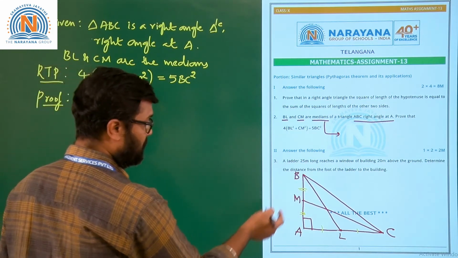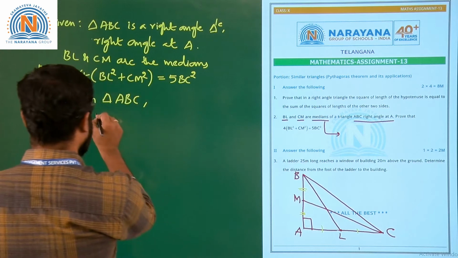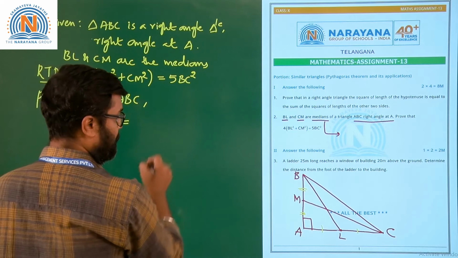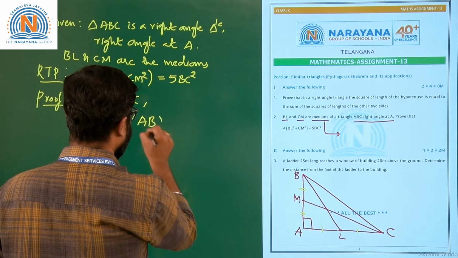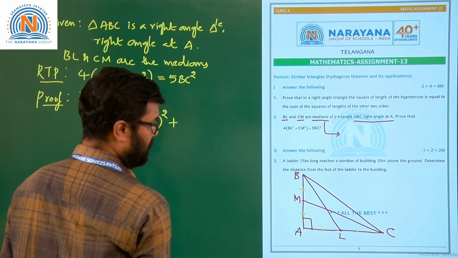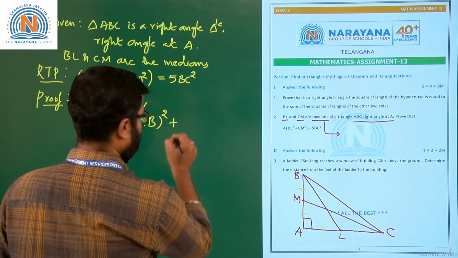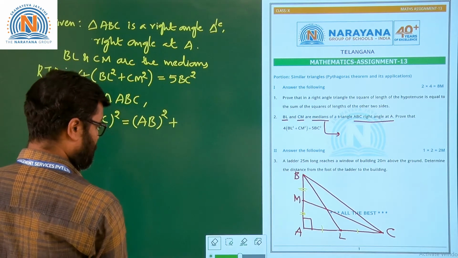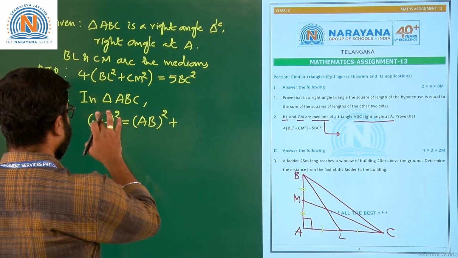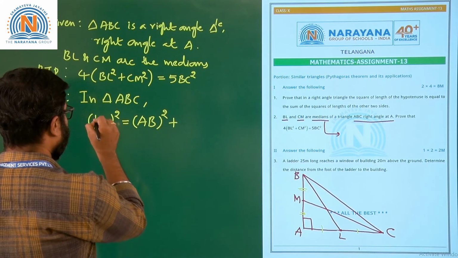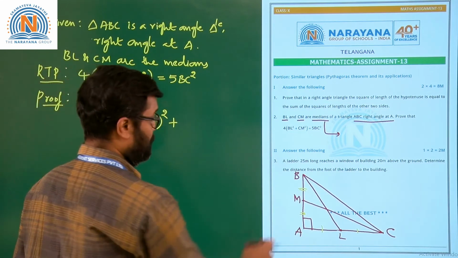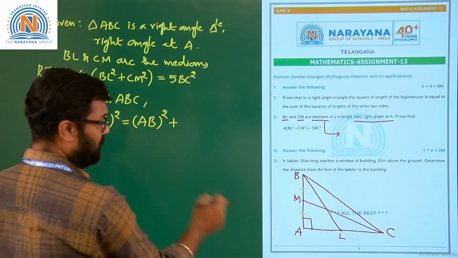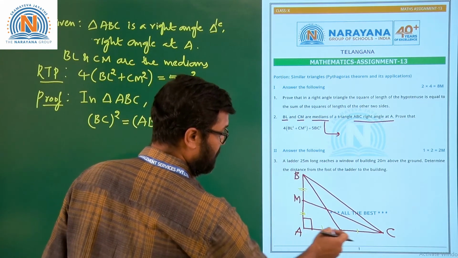So according to Pythagoras theorem, hypotenuse square is equal to the sum of squares of the other two sides. Sorry, the hypotenuse is BC, so BC square is equal to AB square plus AC square.